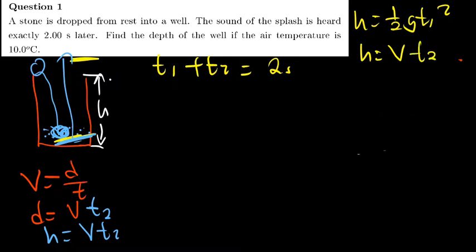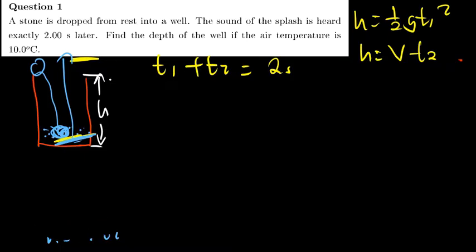Now we can make t1 the subject of the formula, or even just t2 to make things simple. Let's make t2 the subject of the formula. The h in this formula and this h will be the same. So T2 will be equal to 2 minus t1. Where there is t2 in this formula, these two h we are supposed to equate to each other.